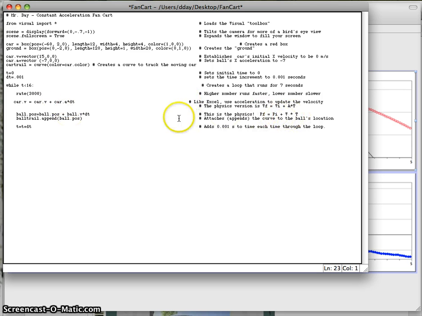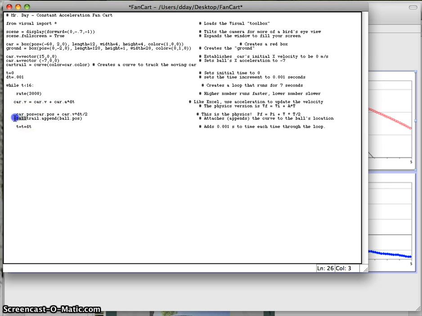And this equation here should say car, again, car.position plus car.velocity dt, and actually I need to divide by 2 here, right? Because this should be divided by 2.